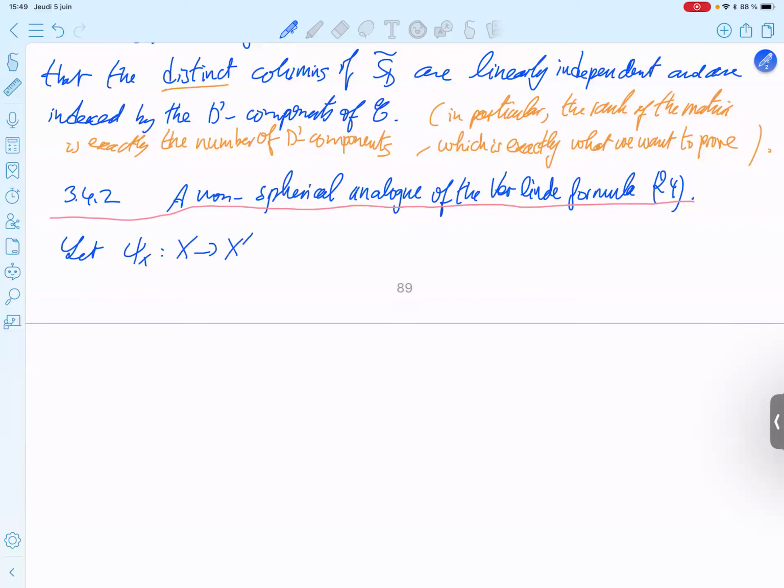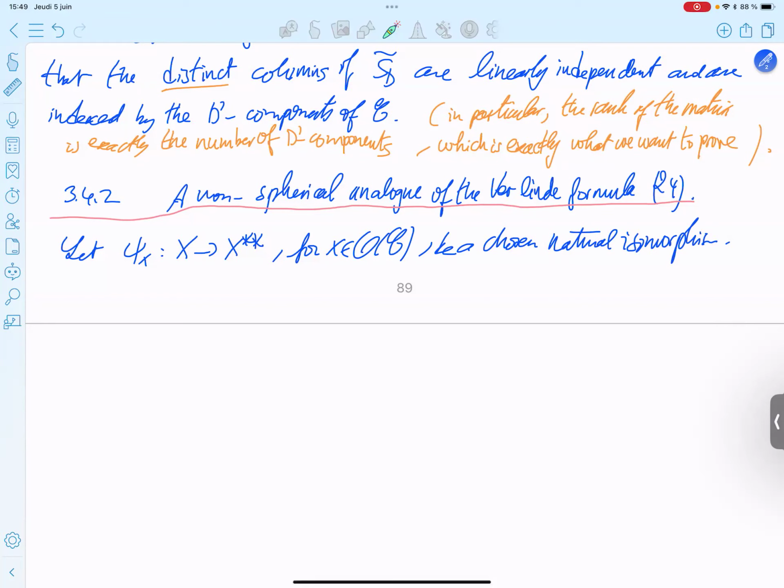So you pick X simple, and let phi be a chosen natural isomorphism between the identity functor and the double dual functor. This natural isomorphism is defined by this collection, as usual, and satisfies all the axioms of a natural transformation, etc.